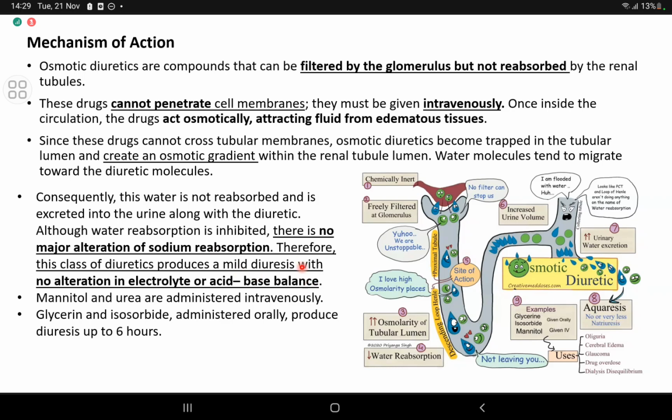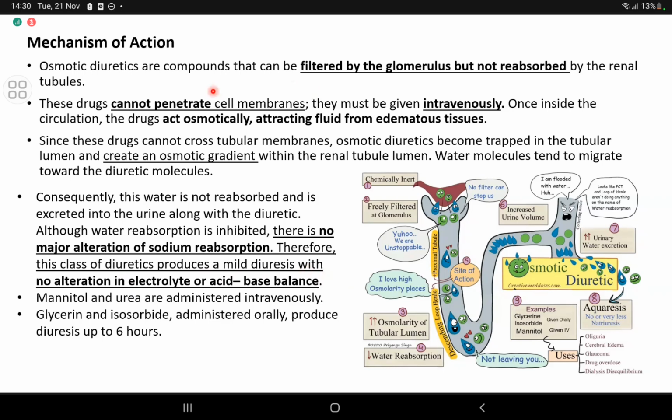Another thing is there are no alterations in acid and base balance. Certain drugs do affect your pH, but this drug does not affect your pH because, very simple, it does not alter your sodium reabsorption or your electrolytes. That's why it does not alter your pH. Clear?